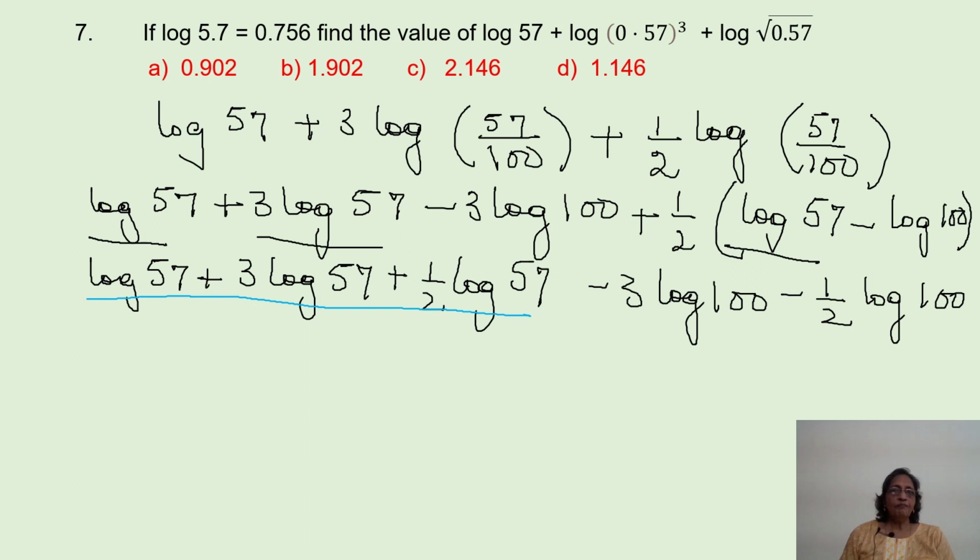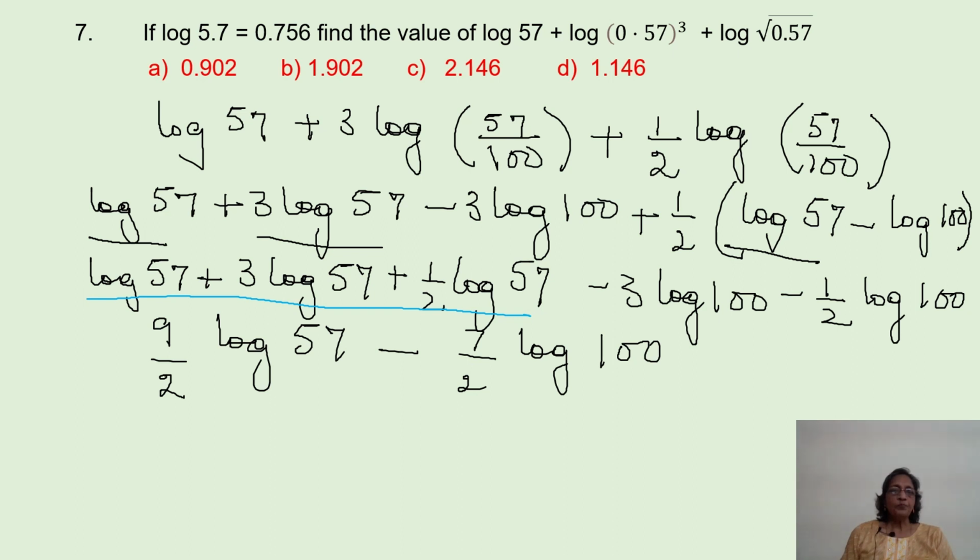So this will become 4.5. In other words, I can write it as 9 upon 2 log 57 minus, this is 3.5, so minus 7 upon 2 log 100.